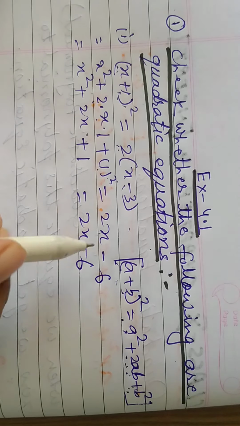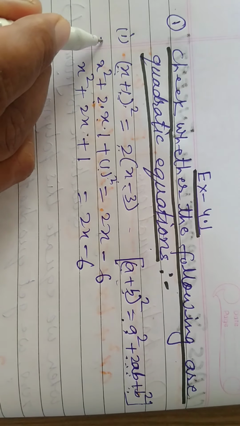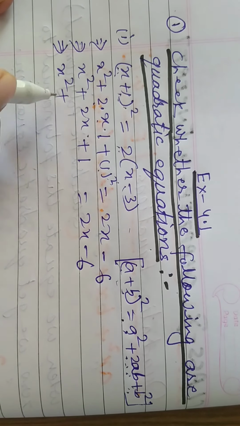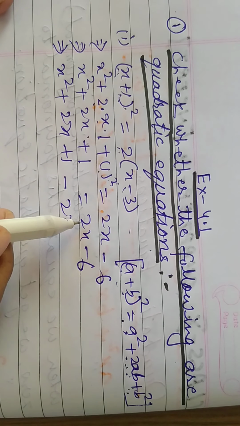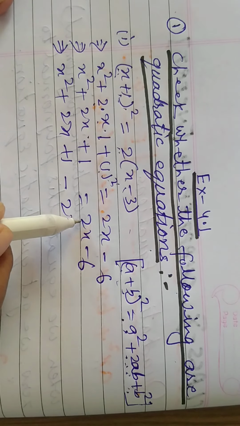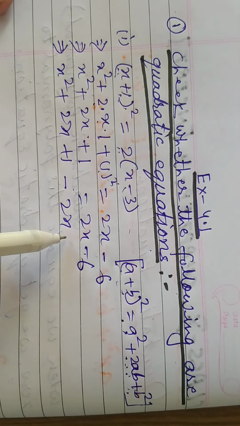After this, 2x minus 6 we send to the left side. x square plus 2x plus 1 minus 2x. Here, after the equal sign, 2x is positive. When we send it to the left side, the sign will change and this minus sign will convert into plus.